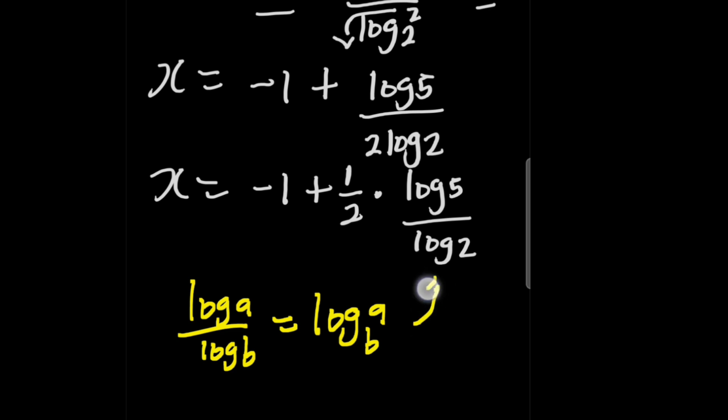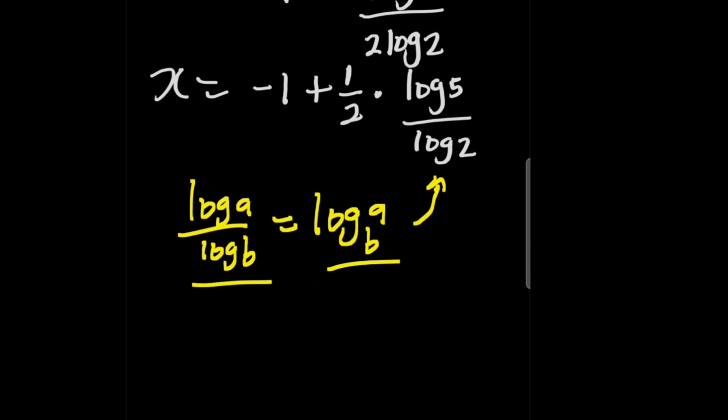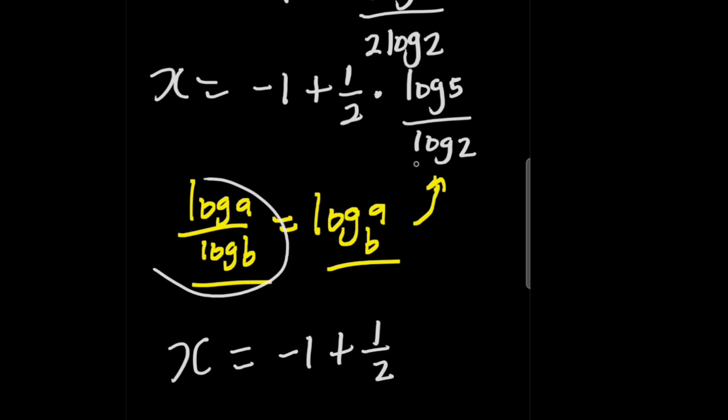So if you look at here, it's in the form of the left hand side. So we're going to break it into the right hand side, into this form. So when we do that, finally we're going to have the value of x to be equal to minus 1 plus 1 over 2, then written in this form, log of 5 to the base of 2. So here is the value of x that satisfies this equation.